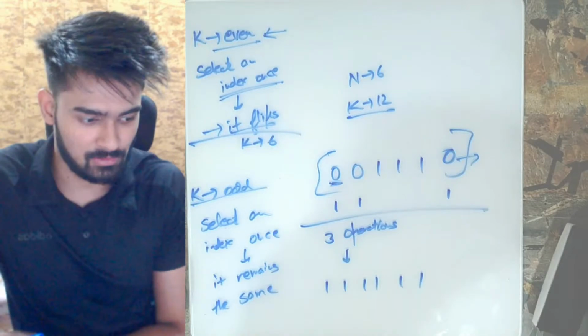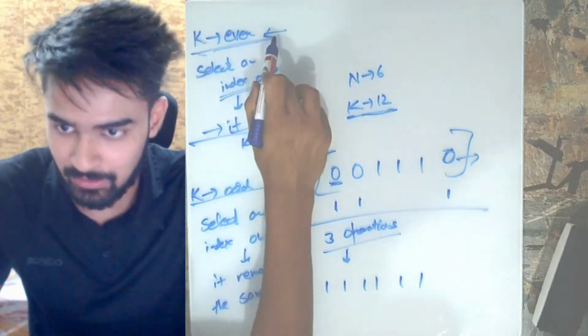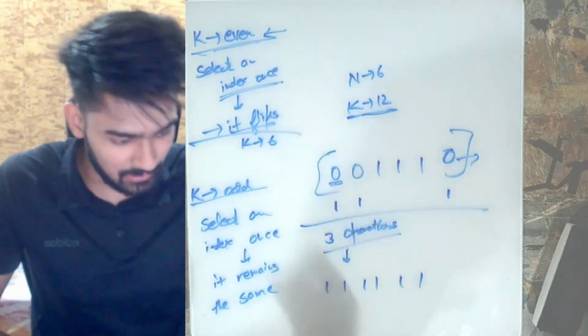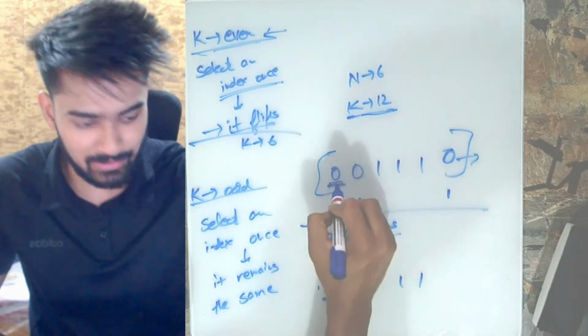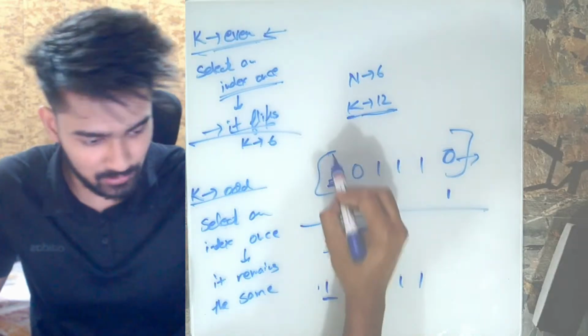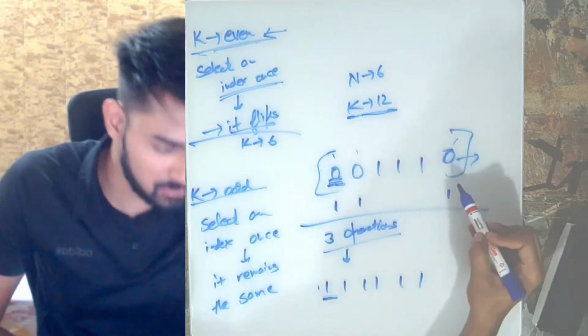Because we did 3 operations, we don't care how many operations are still left. We just know that if k is even and if we make one move on any one index, the resulting string will have that index's value flipped. So we did one move for this one, one for this one, and one for this one, and all the 3 zeros were flipped.